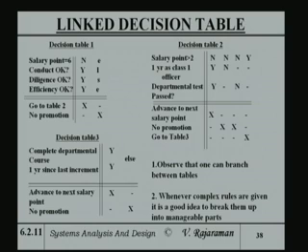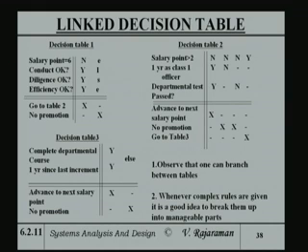Suppose I had not linked all of this. You see, in table number 1, there are 4 conditions. Table number 2, there are 3 conditions, and table number 3, there are 2 conditions. So if I add 4 plus 3, 7 plus 2, 9.